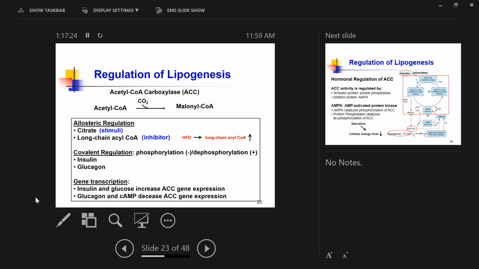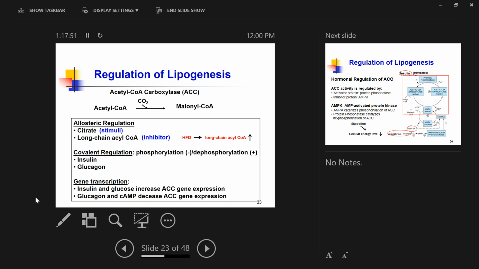So this is how a high-fat diet inhibits lipogenesis, basically by raising the long-chain fatty acyl-CoA levels in the blood, which then can inhibit ACC activity. That makes sense, right?